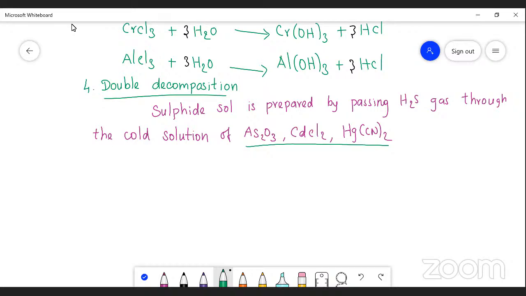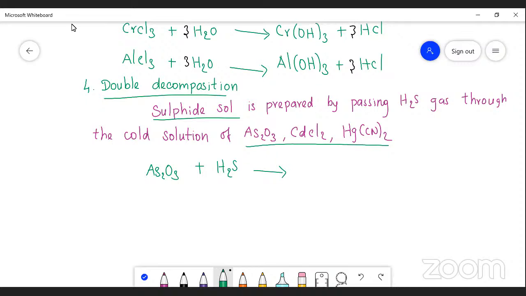Here we get arsenious sulfide, and only here the sulfide salts are prepared. So the reaction: the first one we are taking is As2O3. Arsenious oxide is treated with hydrogen sulfide gas.